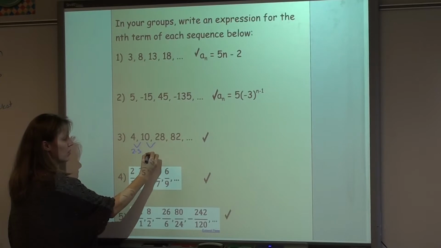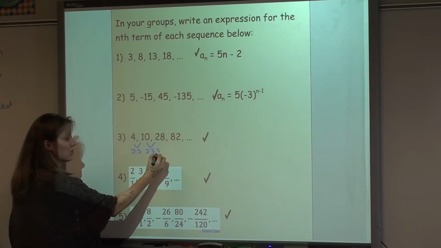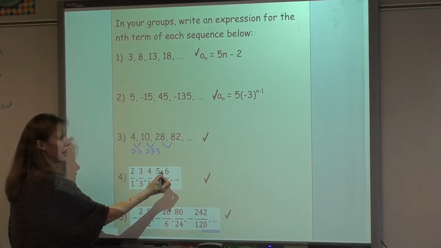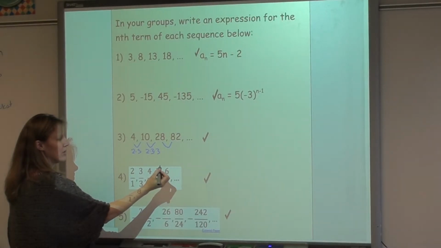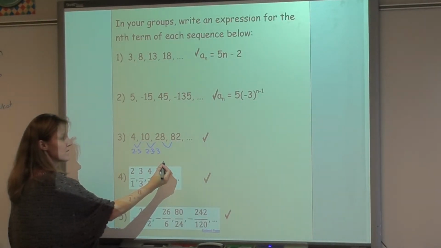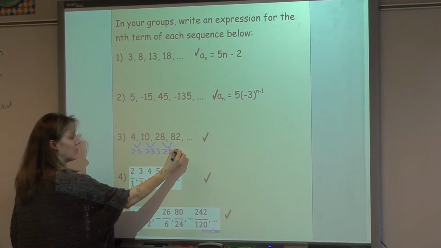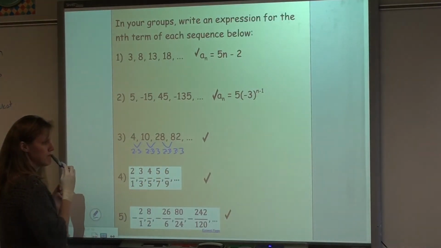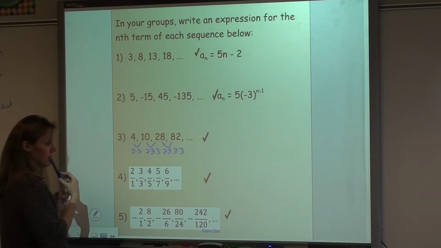And then this one was plus 18, which is the same as 2 times 3 times 3, right? And this is plus 54, 2 times 3 times 3 times 3? There's a 3 to the n in there somewhere, right?